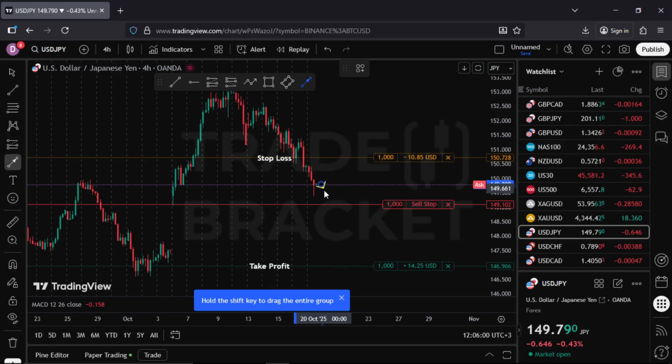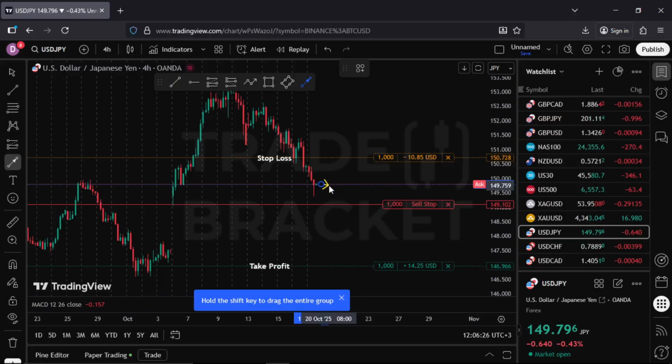If the price keeps going down and hits this sell stop order line, my trade will be executed automatically for a sell. If it keeps going down and then hits this green line, which is my take profit, I will exit the trade with a profit.